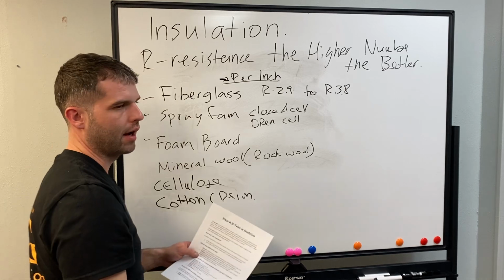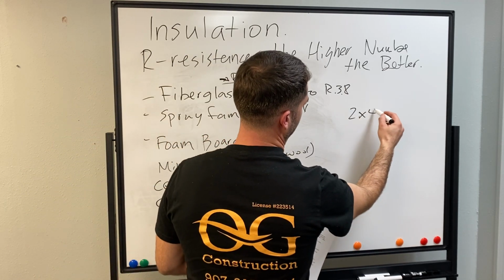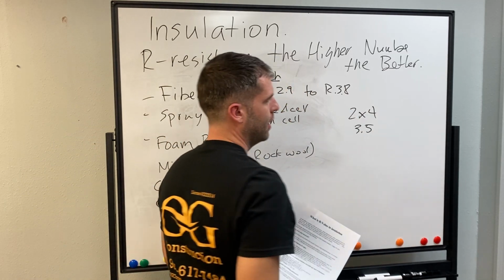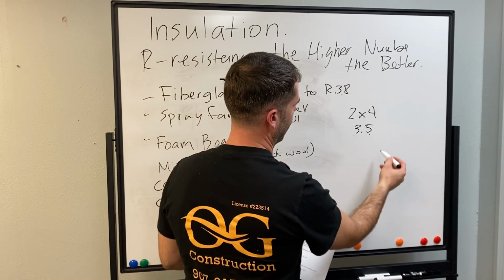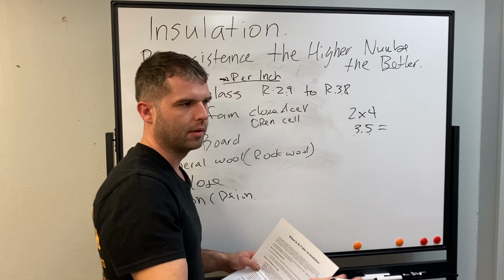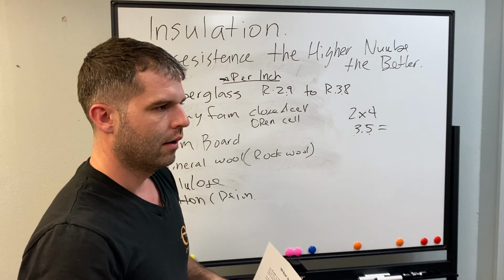So if you do the math, right? So a 2x4 wall, you got 3.5 inches, correct? So if you take 2.9 and you multiply that by 3.5, what does that equal?